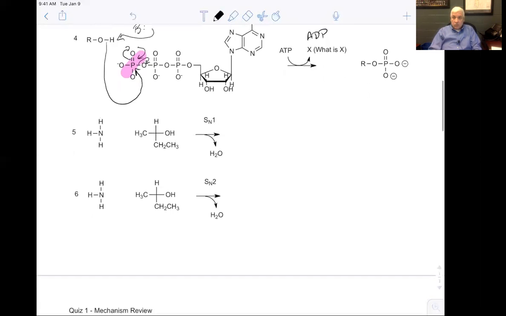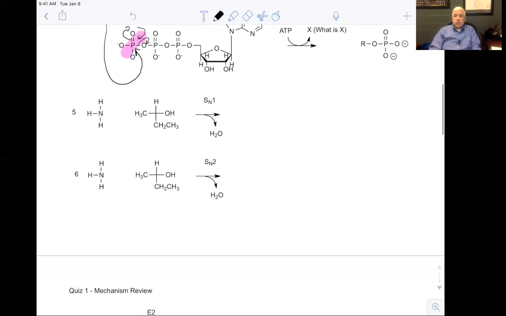The last thing that we're going to take a look at is a substitution on this page. We can see that we're going to have a nucleophile come in, and we're going to have a leaving group come off, and we're going to substitute. Now, an SN1 means that the leaving group is the first thing that leaves.